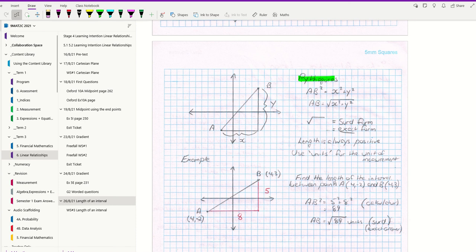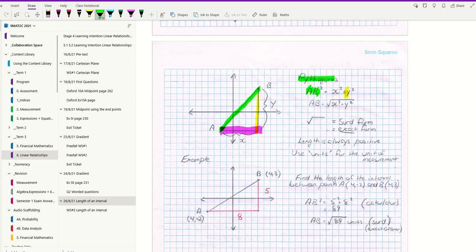In Pythagoras' theorem, if this is our hypotenuse, then what we've learnt is that the square of the hypotenuse is equal to the sum of the squares of the other two sides. So AB squared, that hypotenuse there, is equal to x squared plus y squared.